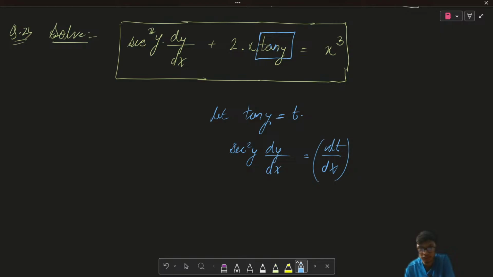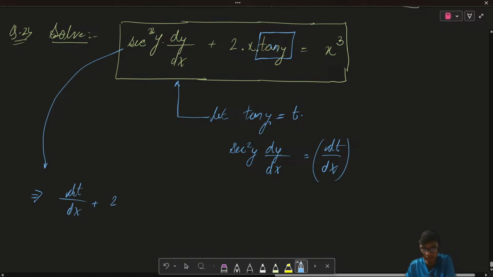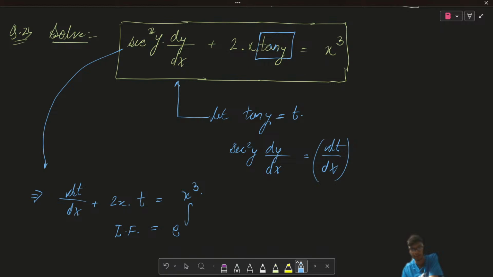If I do this transformation, the differential equation gets reduced to dt upon dx plus 2x into t is equal to x cube. This is basically the well-known linear form of differential equation, where I can find the integrating factor, that is e to the power integration of 2x dx, which is equal to e to the power x square.